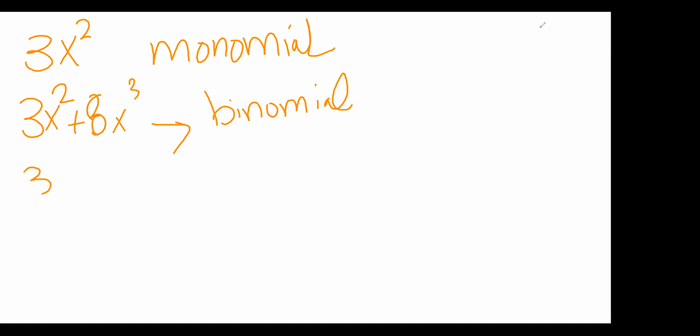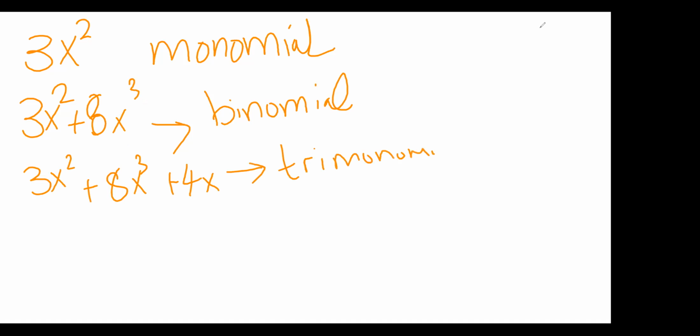If you have now 3x squared plus 8x cubed plus 4x, how many monomials now? We have three monomials. I will not say three monomials, I will say a trinomial. Like tricycle, triangle. The word tri means three. 1, 2, 3.